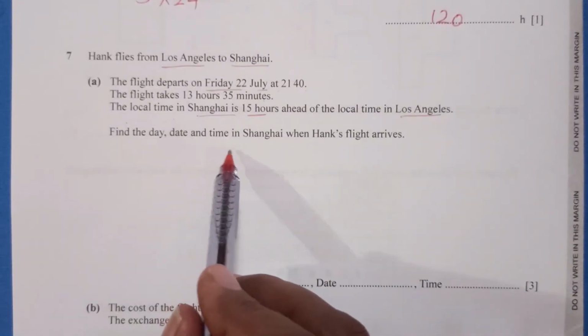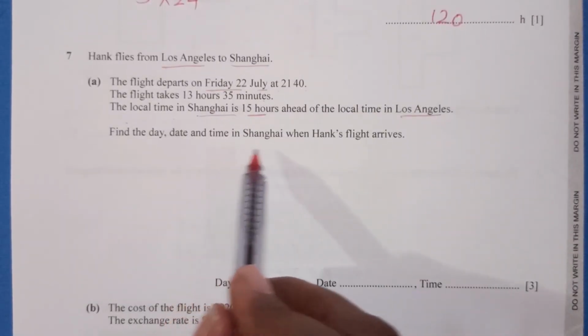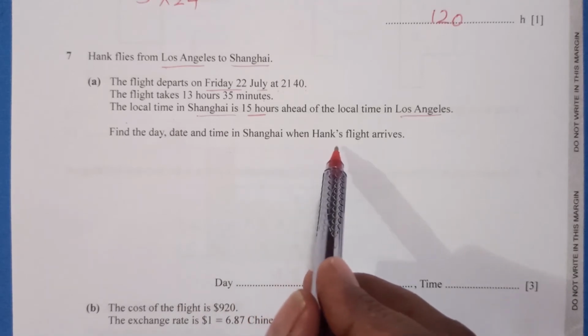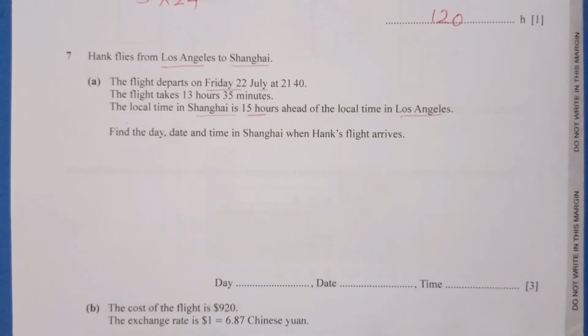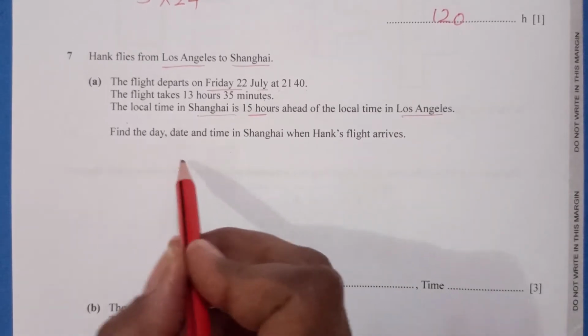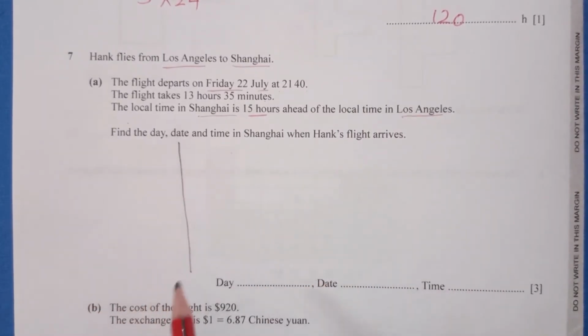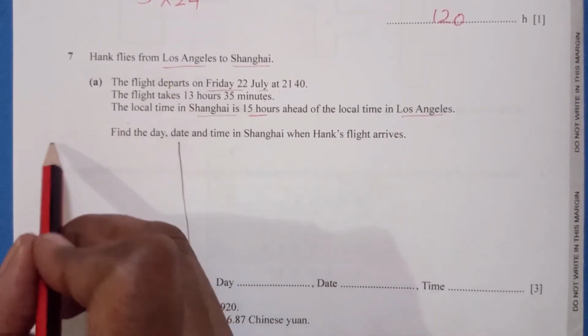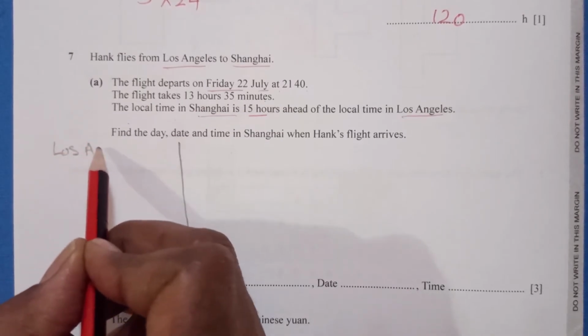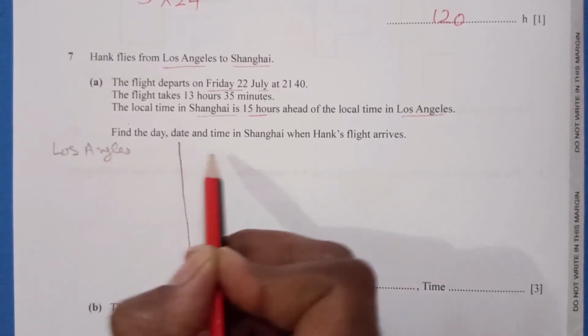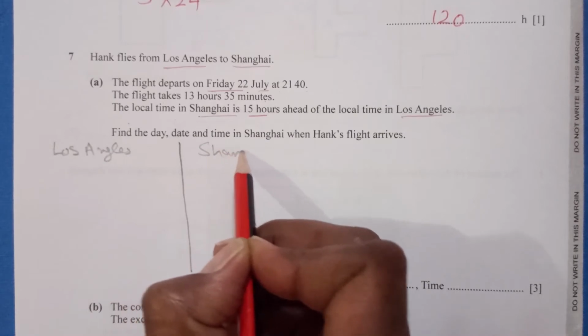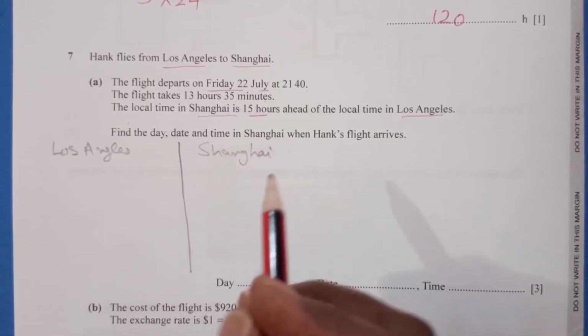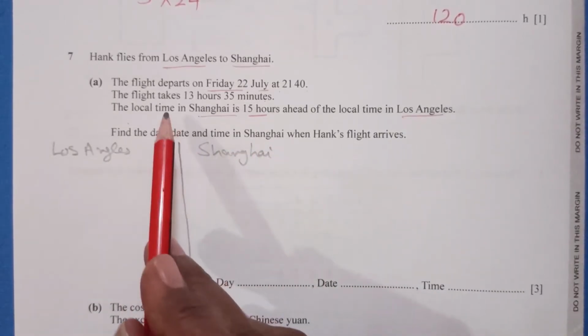Find the day, date and time in Shanghai when Hank's flight arrives, right? So now we will do this step by step, so I can make sections here. Los Angeles, and this side we have Shanghai, right? We will write the timing accordingly.